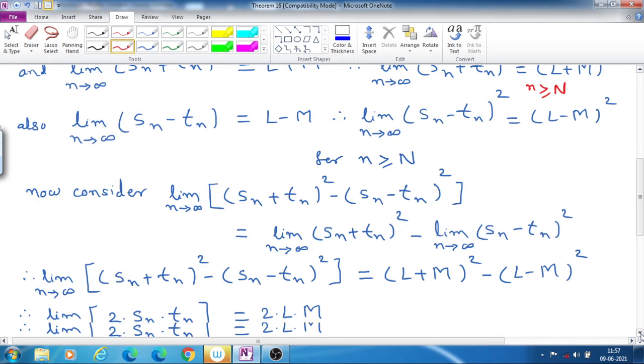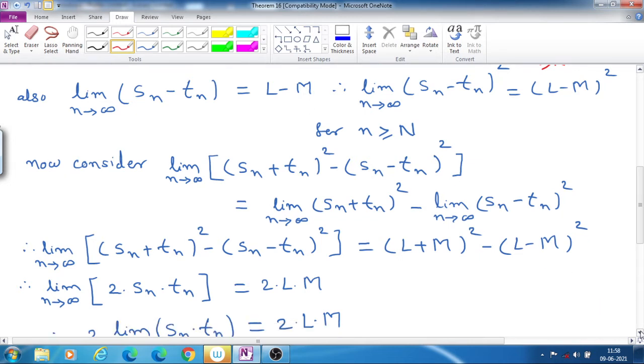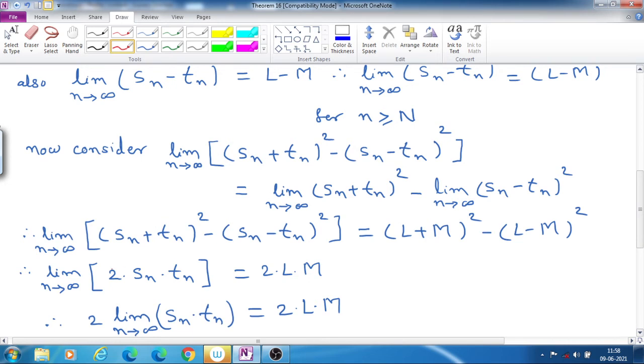So here limit of (Sn plus Tn) square minus (Sn minus Tn) square is equal to (L plus M) square minus (L minus M) square.